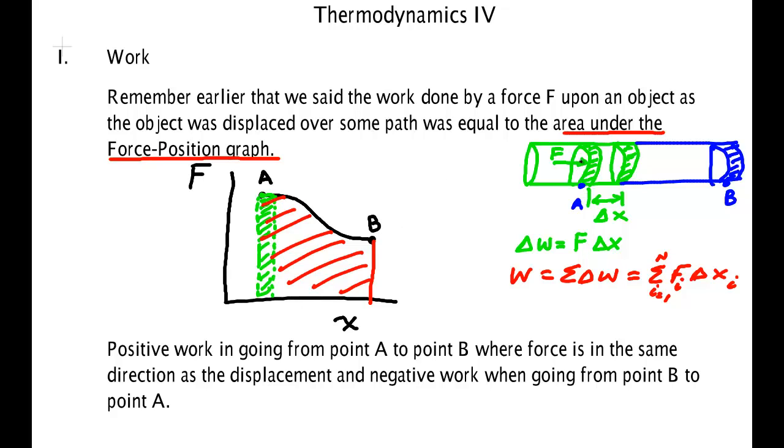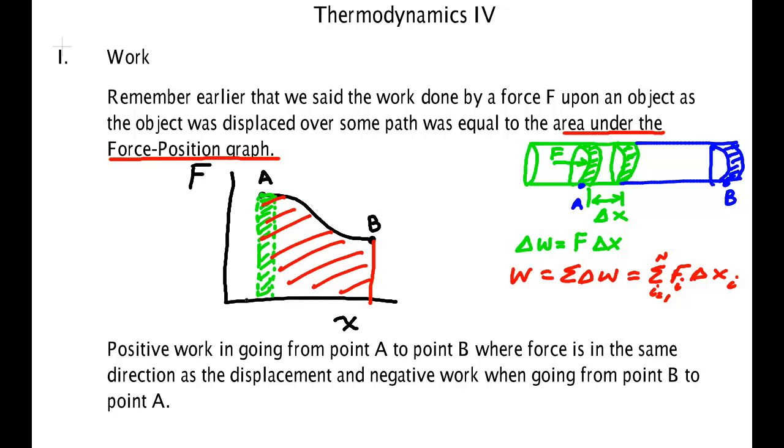Furthermore, if the force is in the same direction as the displacement, which in this case is the positive x direction, if the force is positive, then you get positive area. If on the other hand you had a displacement in the negative x direction, but the force is positive, then this work would be negative, and this would be negative area.